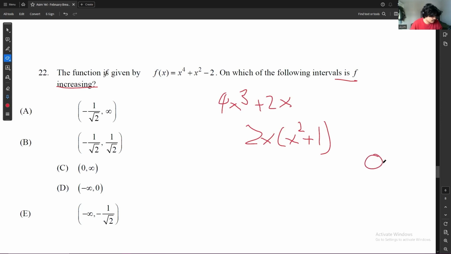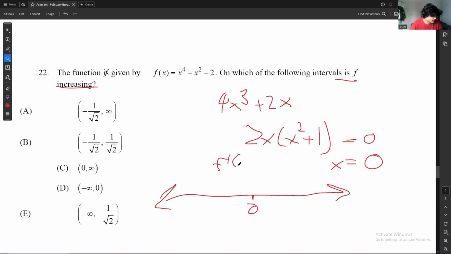If I plug 0, I get a 0 for this function. It only works for 0, because if I divide this with x squared plus 1, it only works for x equals 0 in the solution. So if I just draw a straight line and set this as my 0, this is for my f derivative.